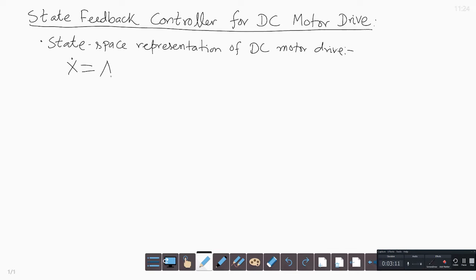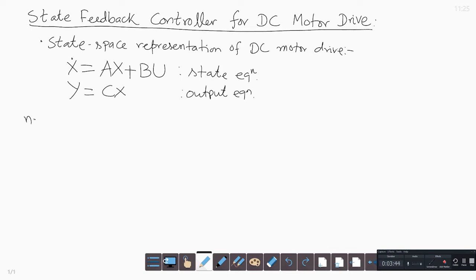X dot equals Ax plus Bu, this is the state equation, and y equals Cx, this is the output equation. Here two state variables are rotor speed and armature current.